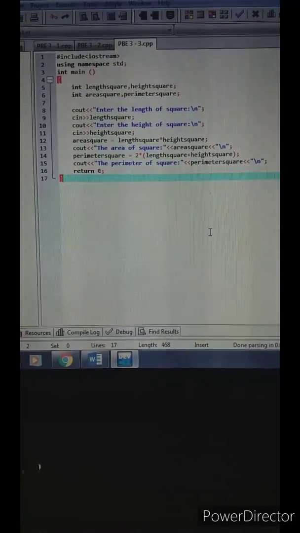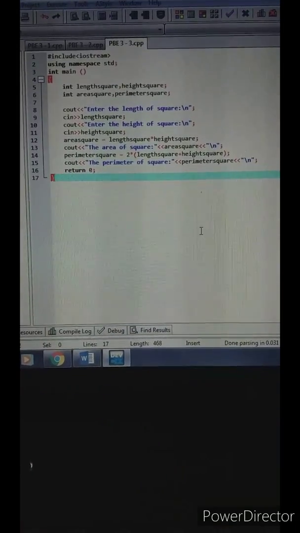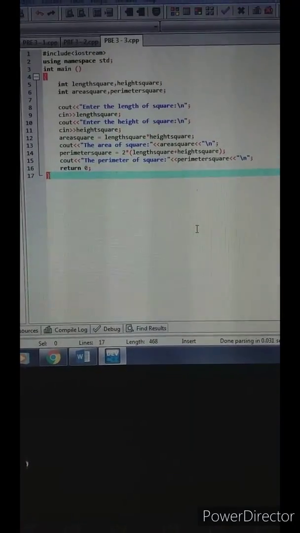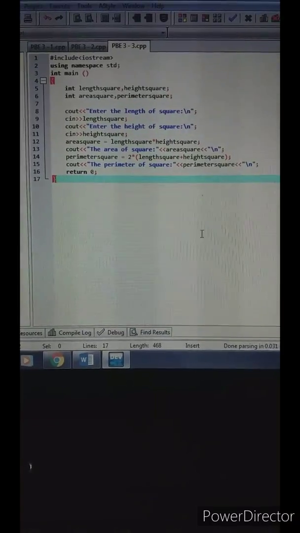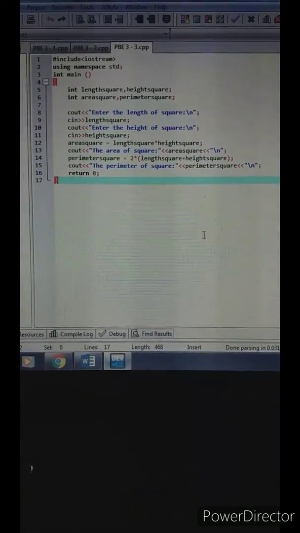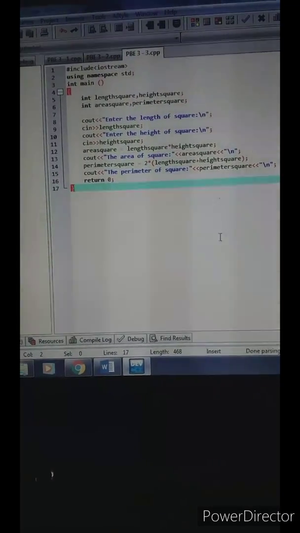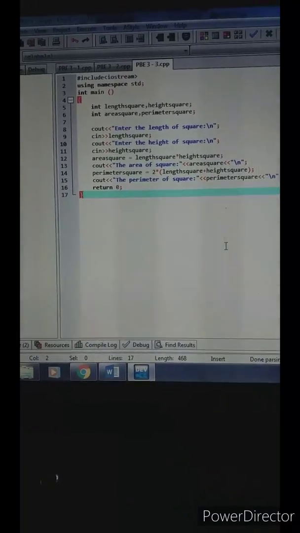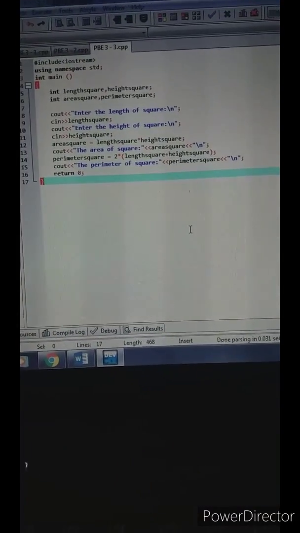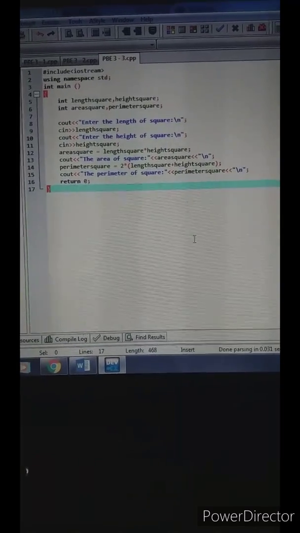The length and the height of the square must be multiplied in order to get the area. Then cout the area of square. Perimeter of square will be 2 times length plus height, which means length plus length plus height plus height will be the perimeter of the square. The next cout will be the perimeter of the square.